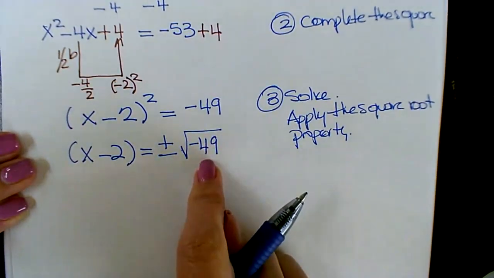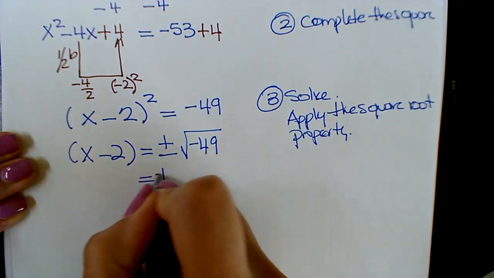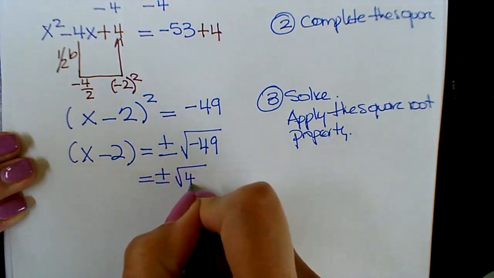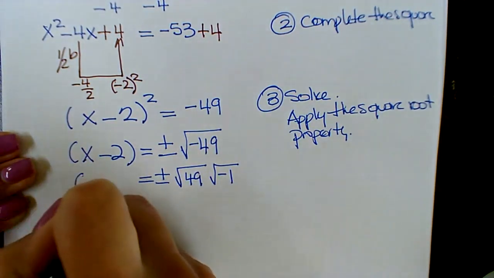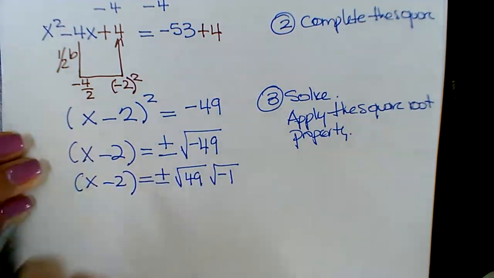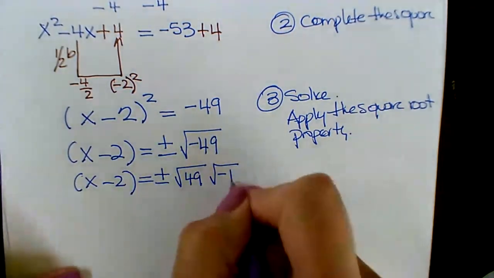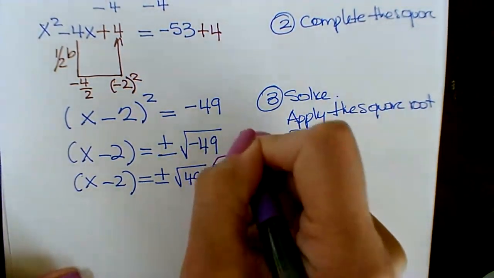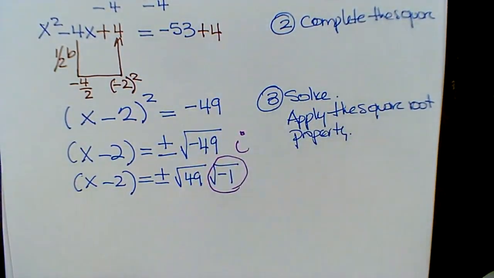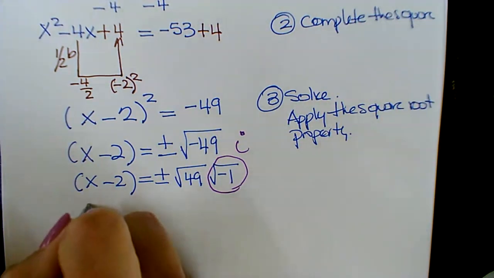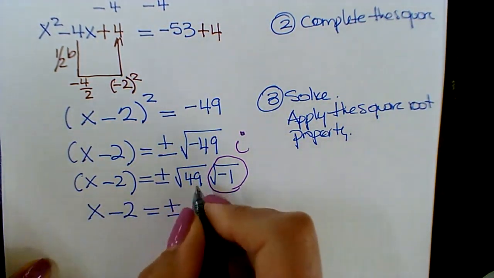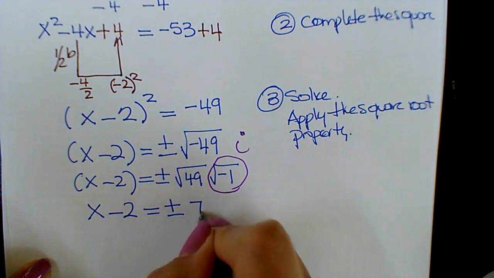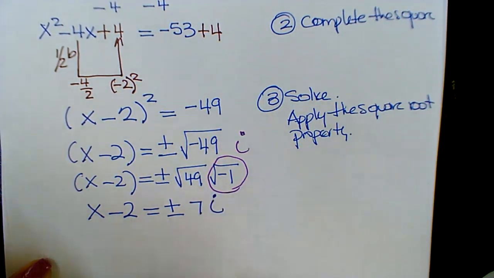And how are we going to write this one? This is going to be the square root of 49 times the square root of negative 1. And don't forget that this is equal to i. So this is going to be x minus 2 equals plus or minus, the square root of 49 is 7. So it's going to be 7i.